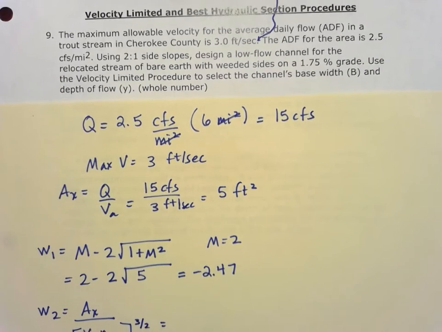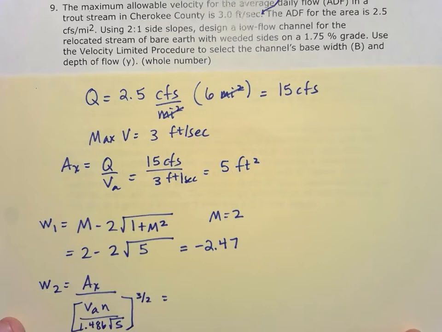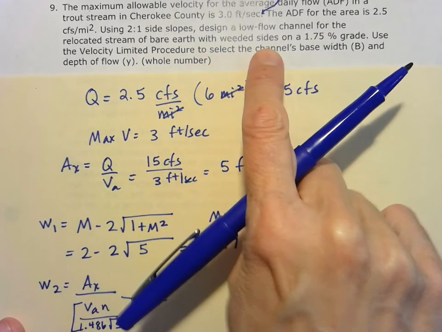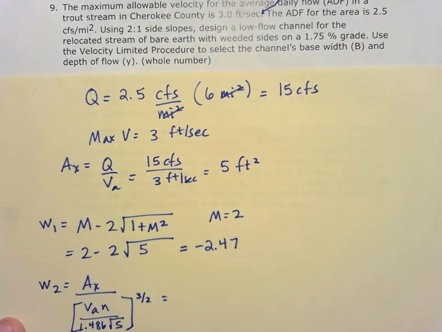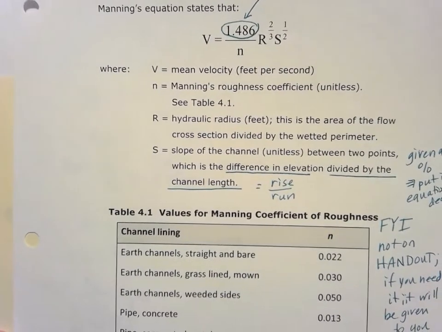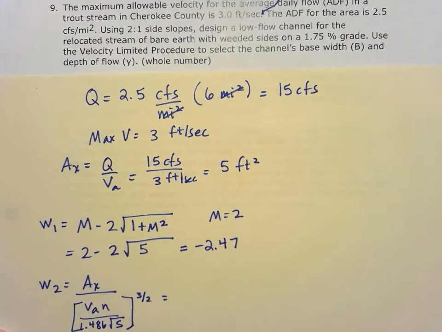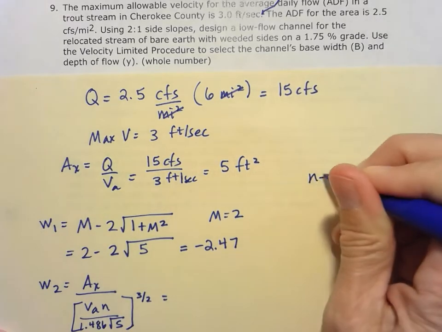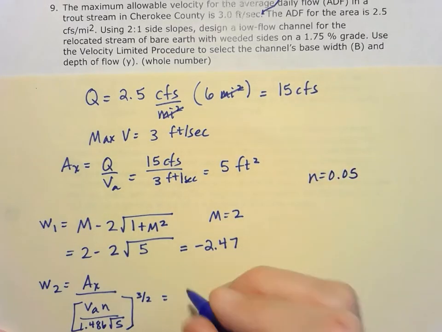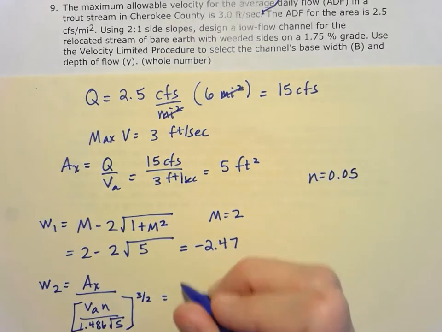Now we weren't given a Manning's n for this equation, but we were told it's bare earth with weeded sides. So we can look back in the textbook to that table 4.1, and I'm going to use that earth channel, weeded sides, Manning n 0.05. So put that up here, n equals 0.05, but everything else we've got, so let's just plug it in.